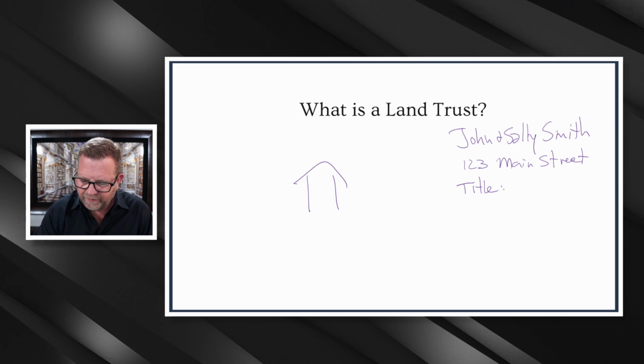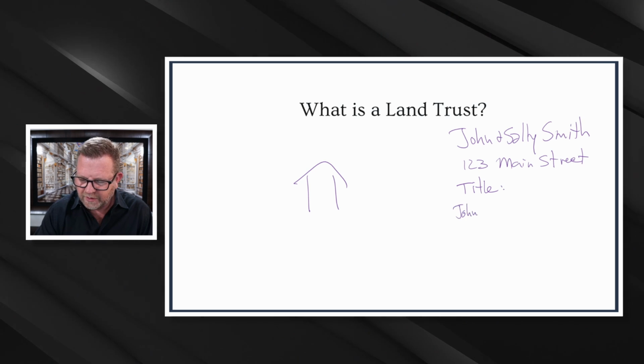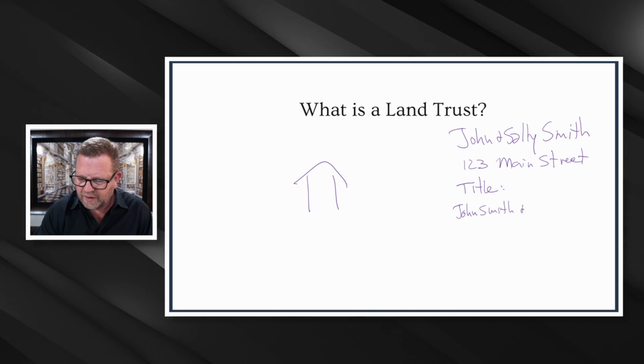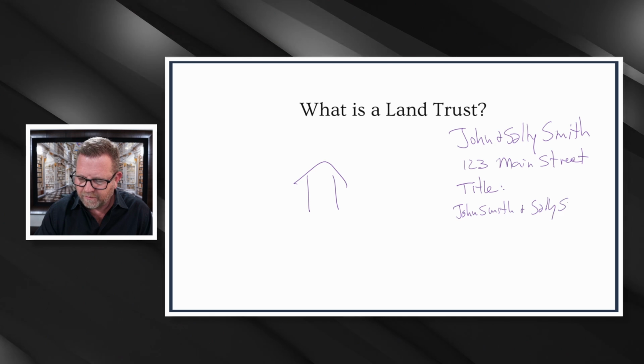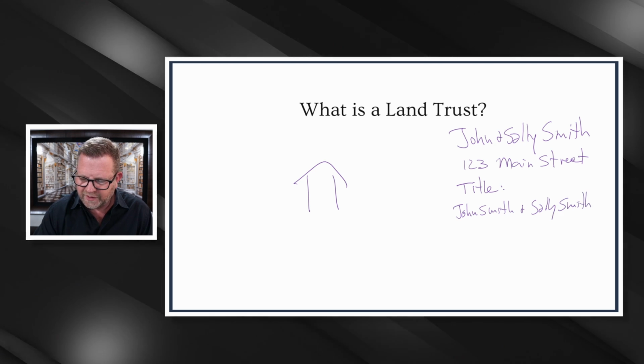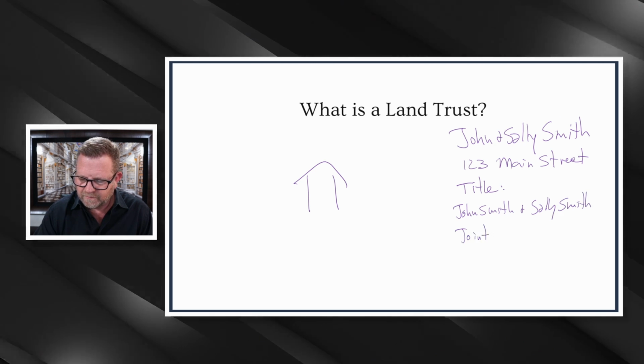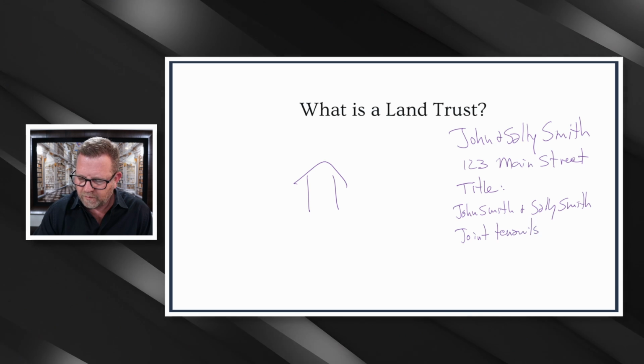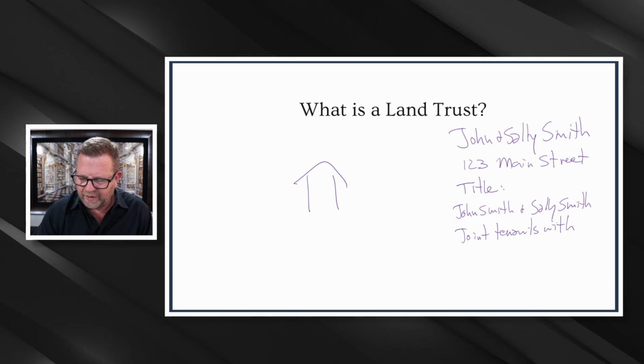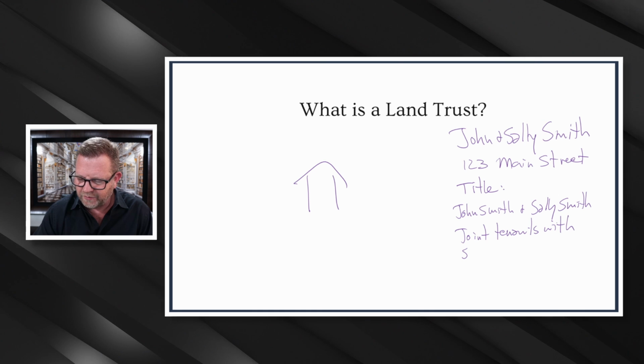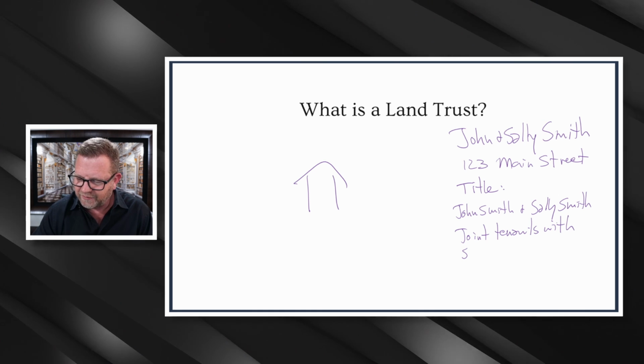It will be John Smith, Sally Smith, joint tenants with, usually you'll have something like joint tenants with rights of survivorship.